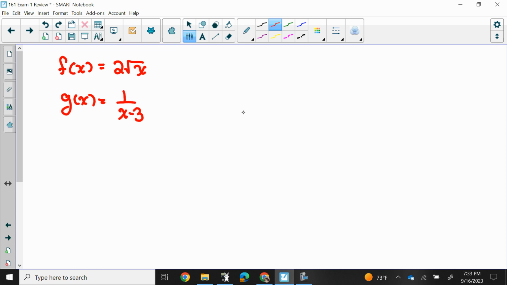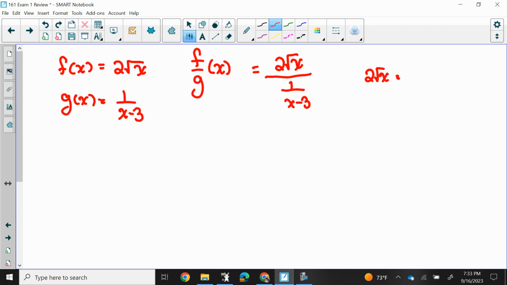So if I did f over g of x, that would give me 2 times the square root of x divided by 1 divided by x minus 3. Now, what does that mean? That means I have to flip this. So this is going to be 2 times the square root of x times x minus 3.